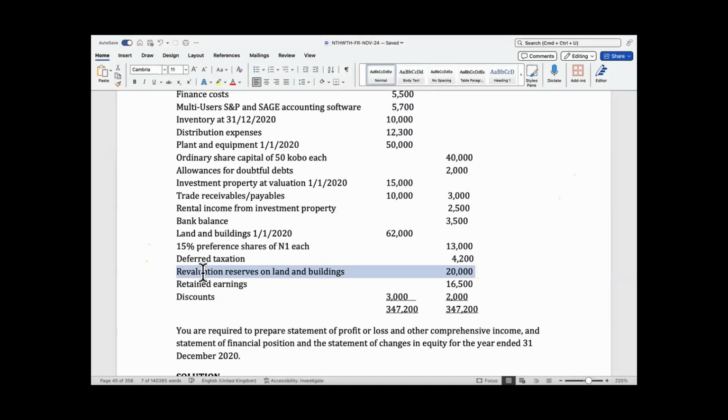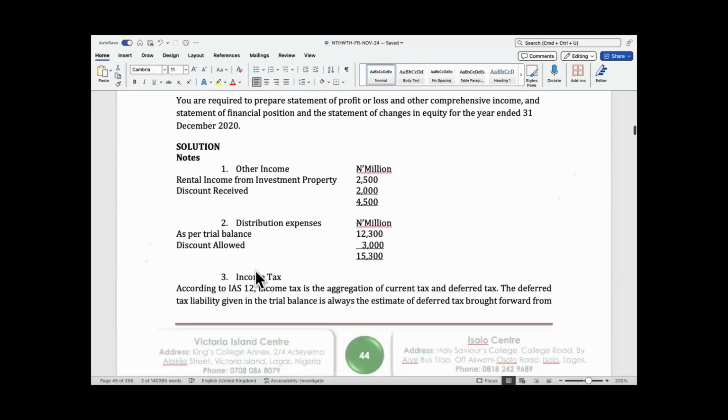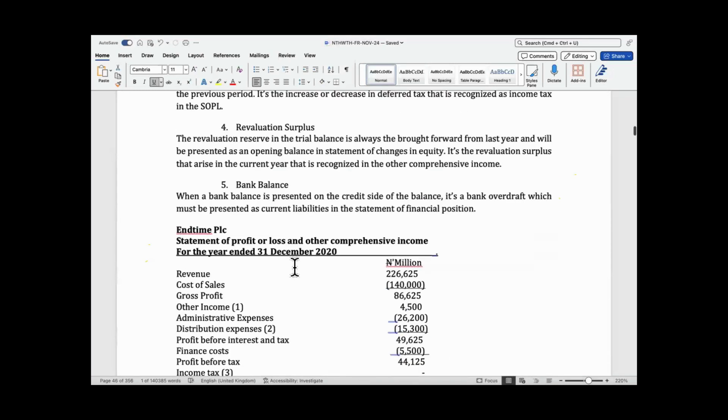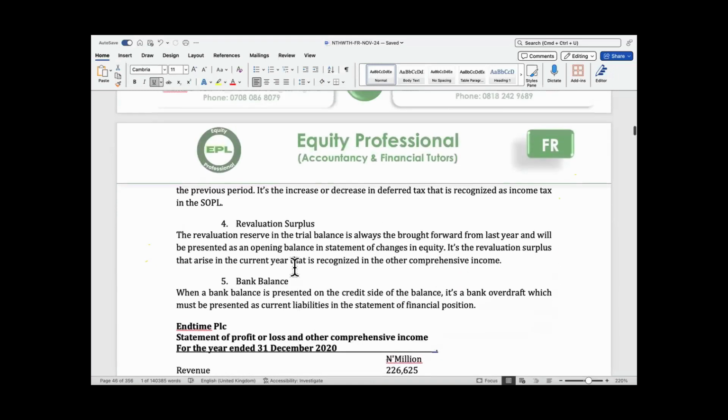This one is a revaluation reserve. In fact, any revaluation you find in the trial balance is a reserve from the previous year. That does not go to your OCI in the current year. That's why this is nil. Any revaluation surplus for the current year would be given to you in the additional information.